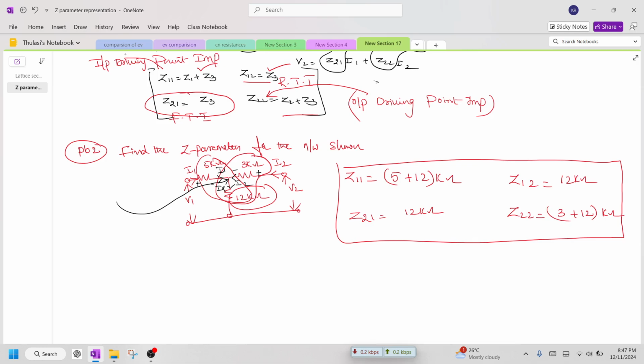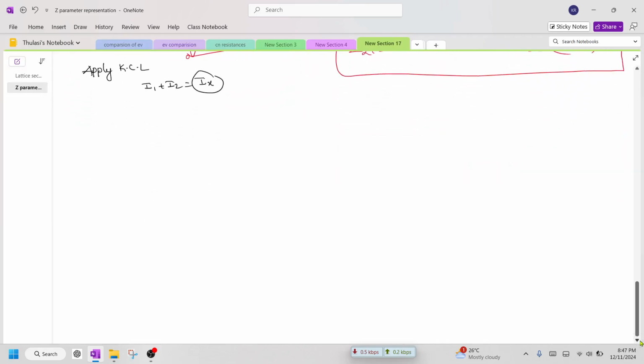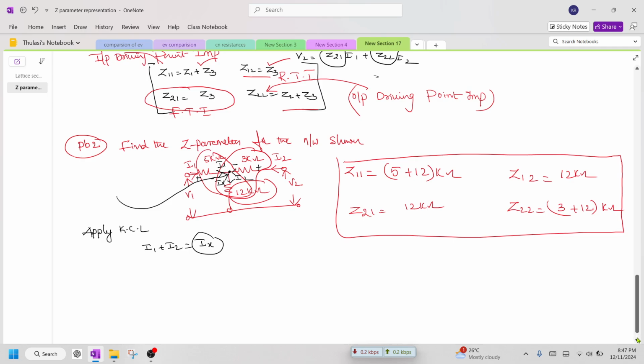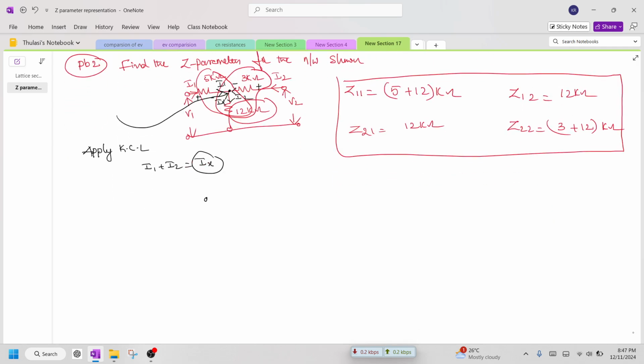So try to apply Kirchhoff's current law at that node. The entering currents at this node are I1 plus I2 is equal to Ix, the unknown current. Now when you redraw it, you're going to get the equation like this.